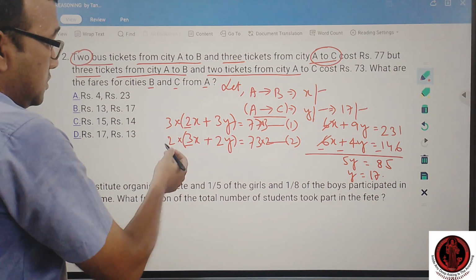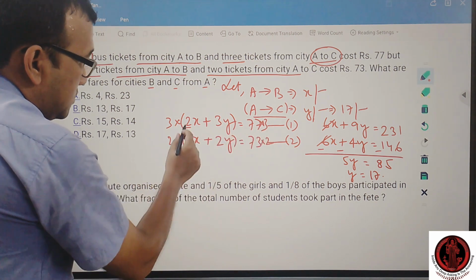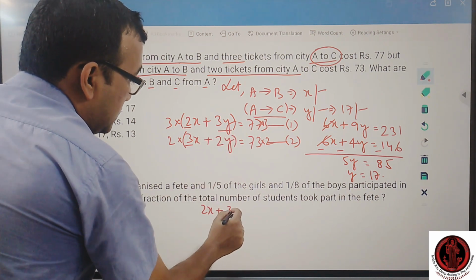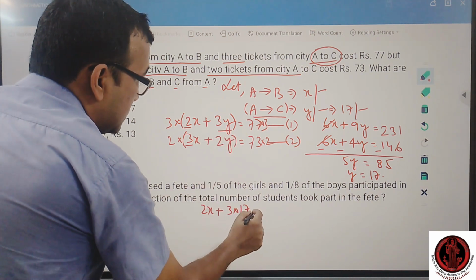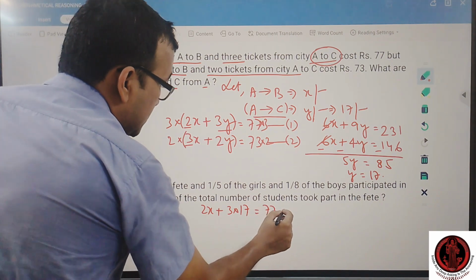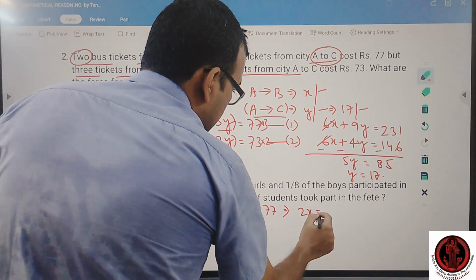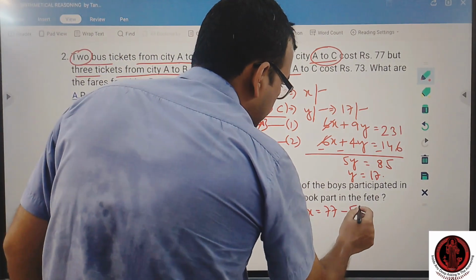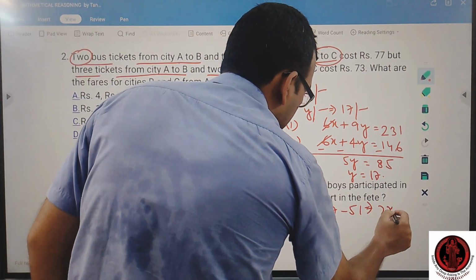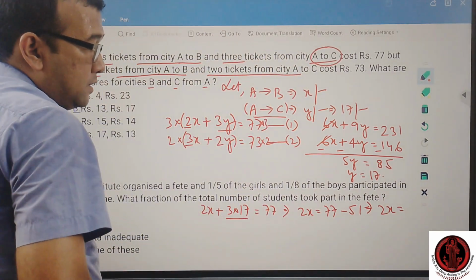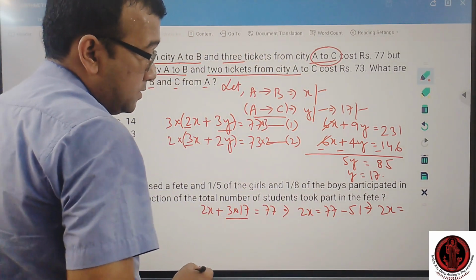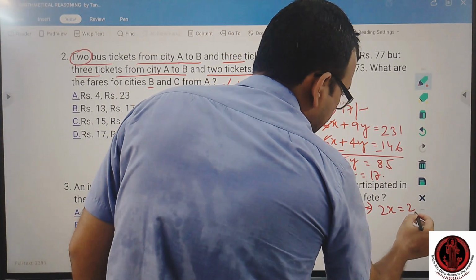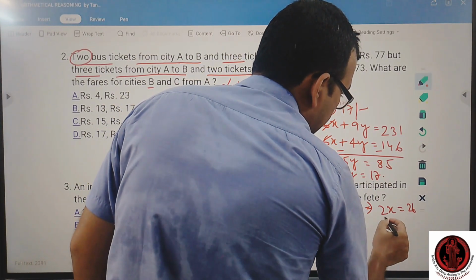Now just put it in equation 1: 2x plus 3y. So 3 into y, which is 17, how much? That equals 77. So 2x equals 77 minus 17 into 3, 51. So 2x equals 77 minus 51, that means 26.